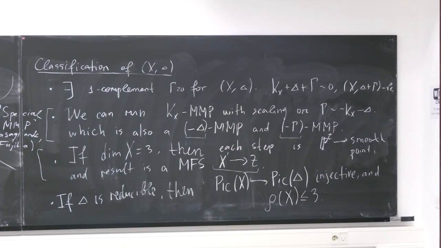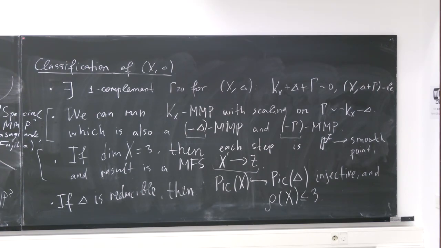But sometimes you can have some freedom. For example, if you have P1 and P2, you can either get this case or you can get this case. But such cases are very rare, and almost always there is a canonical way of getting there.